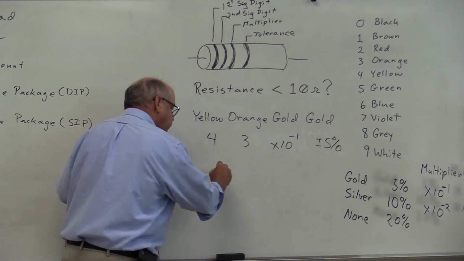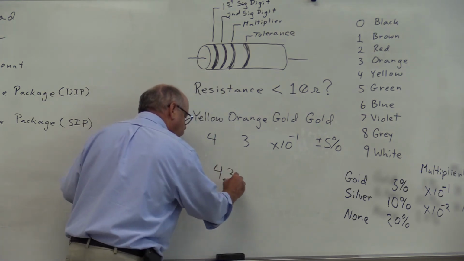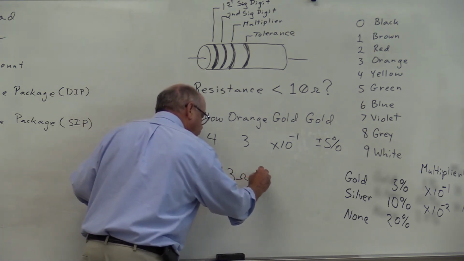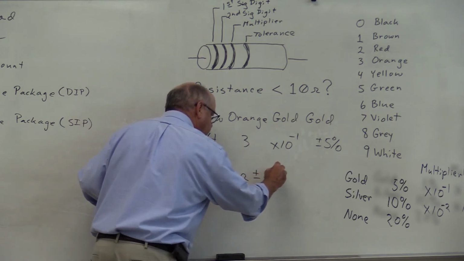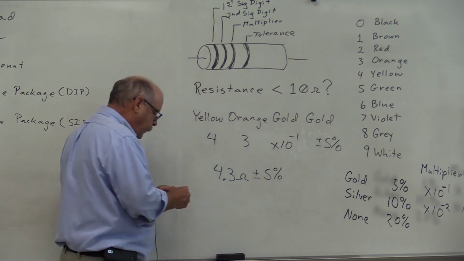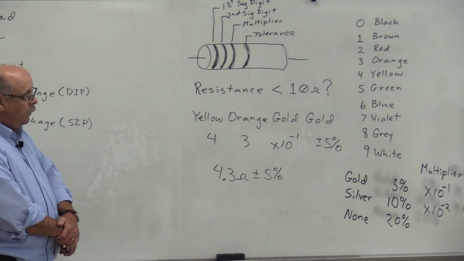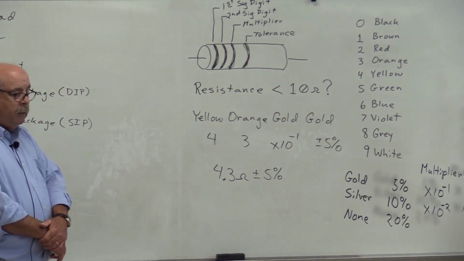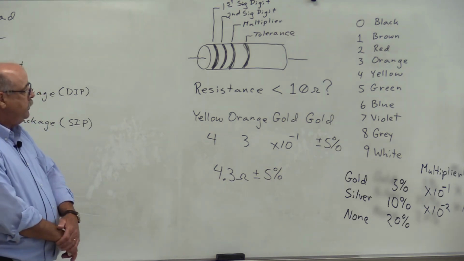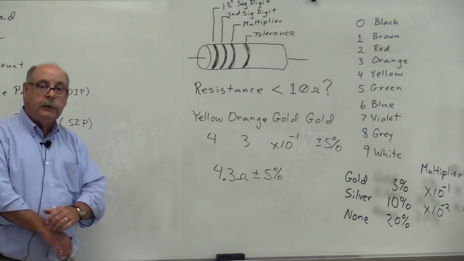So this resistor would have a value of 4.3 ohms plus or minus 5%. So we use either a gold or silver multiplier in cases where the resistance is less than 10 ohms.